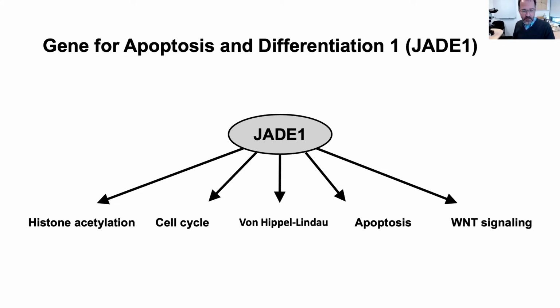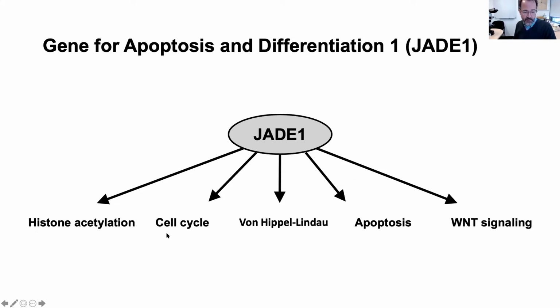So JADE1 is a gene with very little known function. It's not well studied. It is a member of a family of 3 proteins, JADE1, 2, and 3. It stands for gene for apoptosis and differentiation. I don't know how they flipped the J for the G, but it's cute, so it helps you remember it.